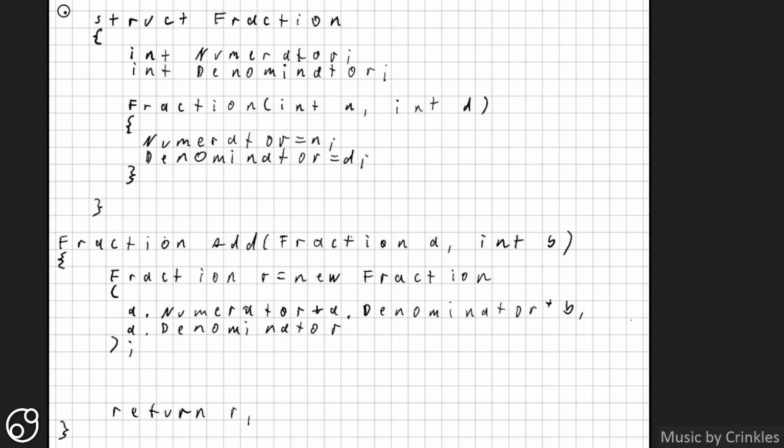We've now called this special construction method, the constructor method, the constructor, and we passed 2 arguments on. One was the old numerator for a plus the denominator multiplied by b, and the second was just the old value from a, the denominator.